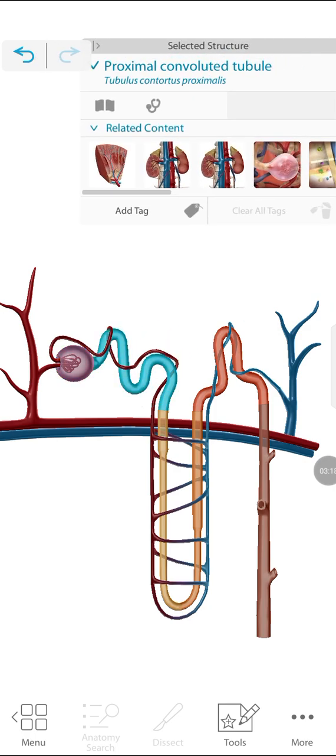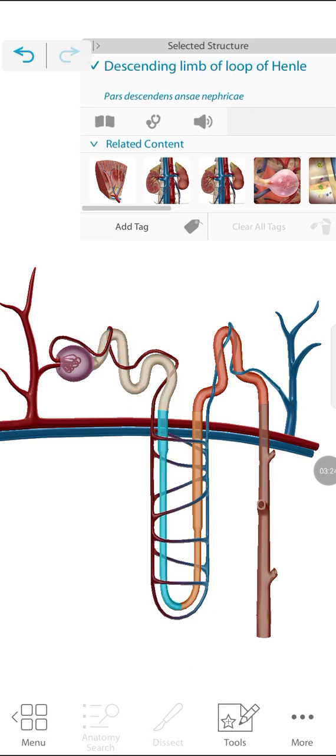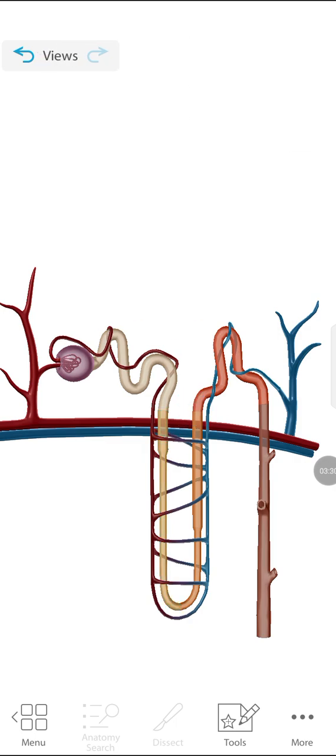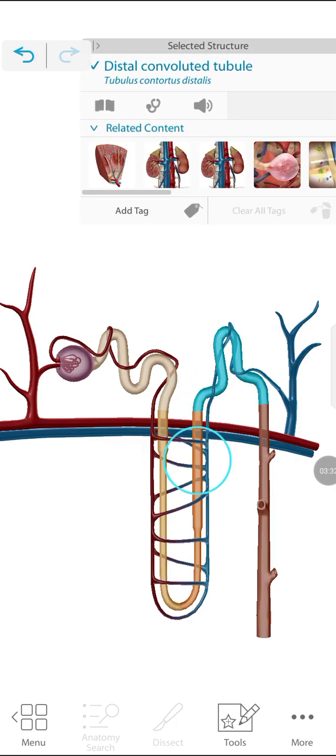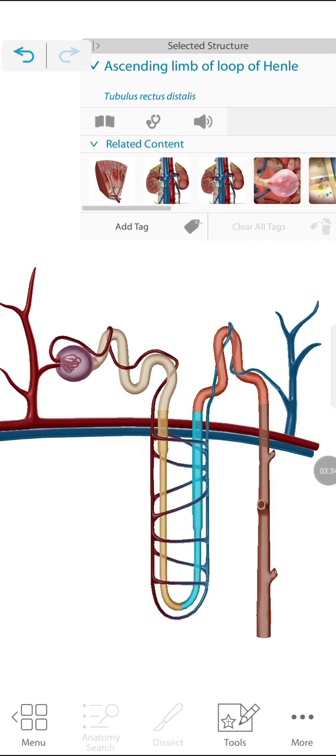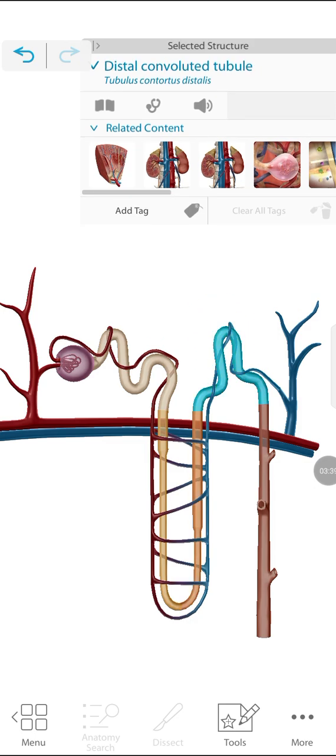There are drugs that can act on this PCT, proximal convoluted tubule. Then descending limb of loop of Henle. Then we've got the ascending limb of loop of Henle. Then we've got the distal convoluted tubule.